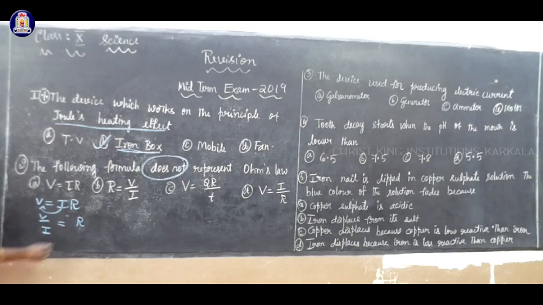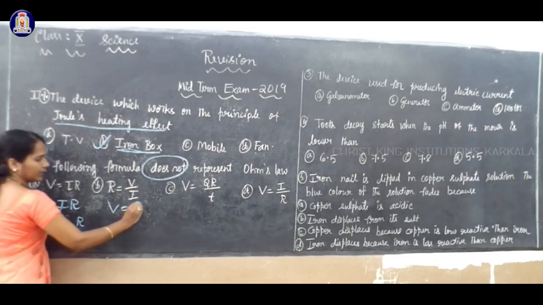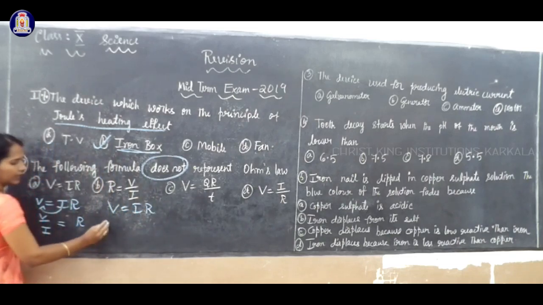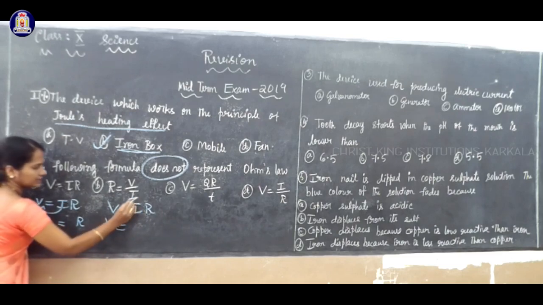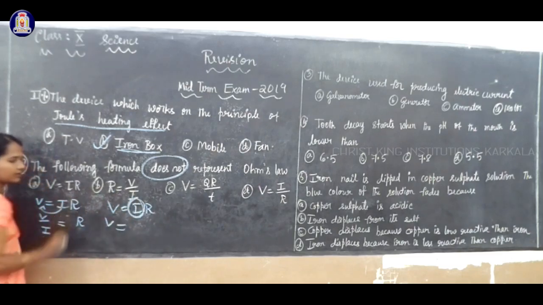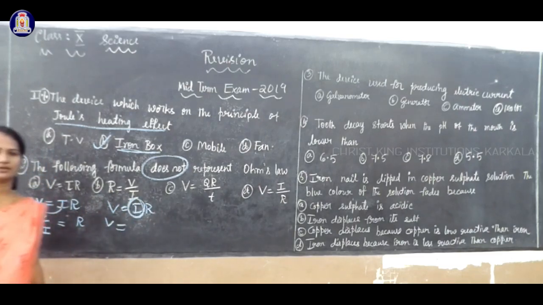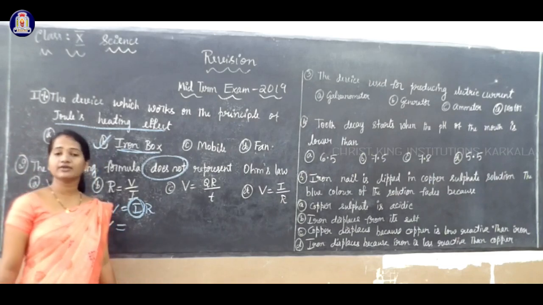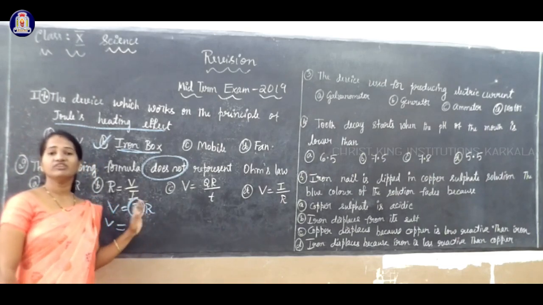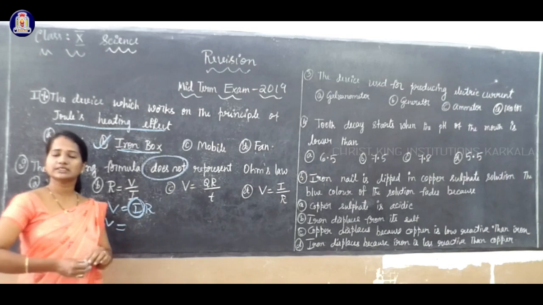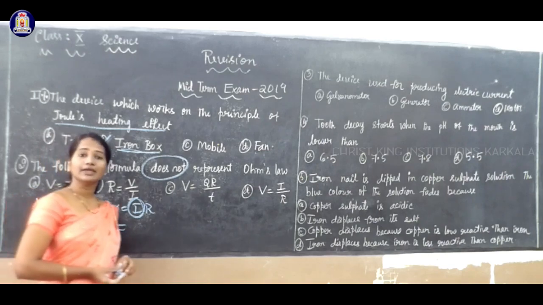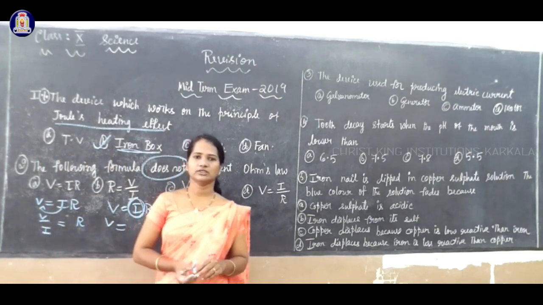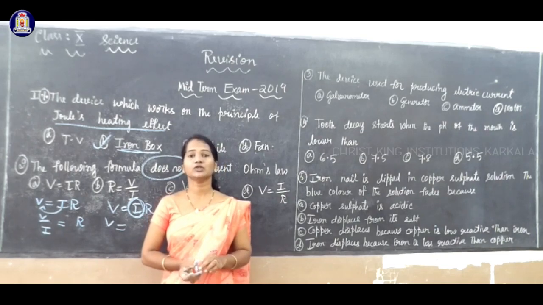Now from V is equal to IR, from the same formula I write V is equal to, instead of I, what is I here? I means current. In the beginning of the electricity lesson, we defined current. So what is current? Current is the rate of flow of charges, the flowing charges per unit time.